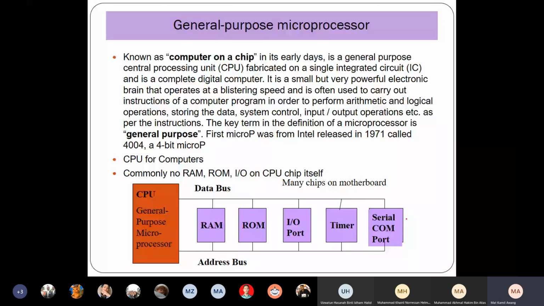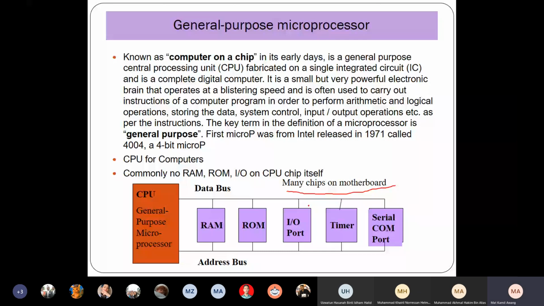On one board, you have the CPU, the general purpose microprocessor, the RAM chip, the ROM chip, the IO port chip, the timer, the clock, the serial ports and parallel ports and everything. So that is many chips on the motherboard. That is the general purpose microprocessor.